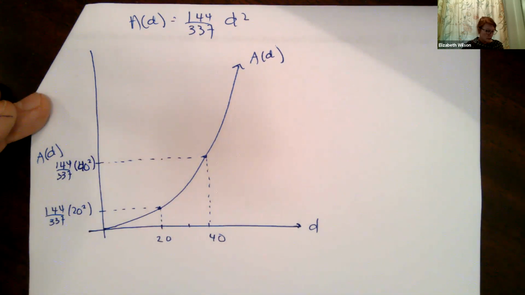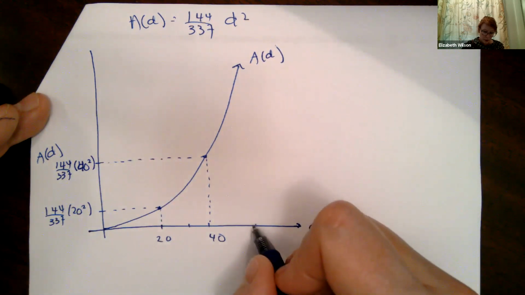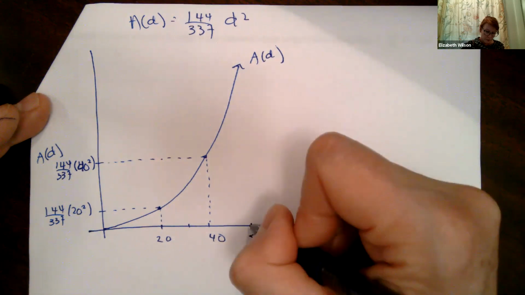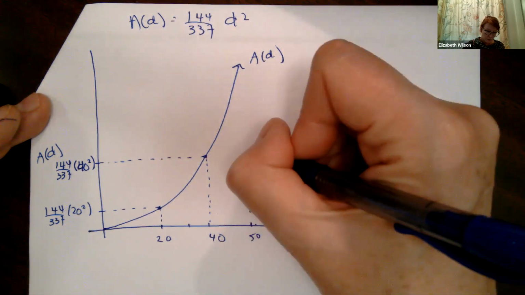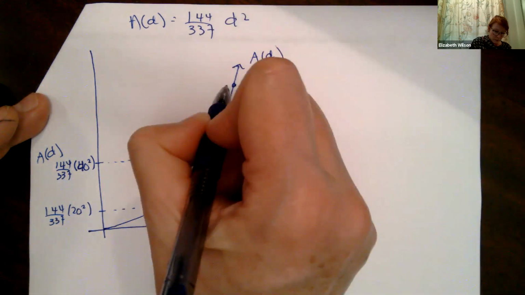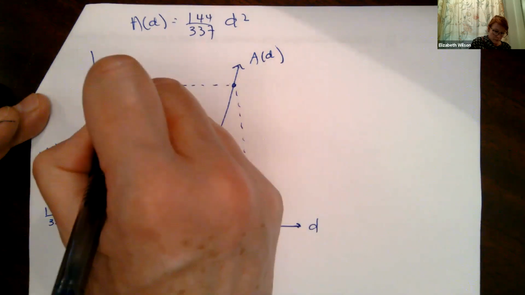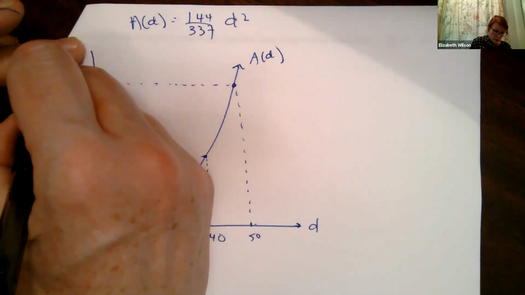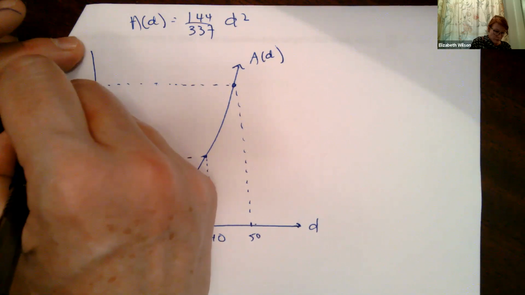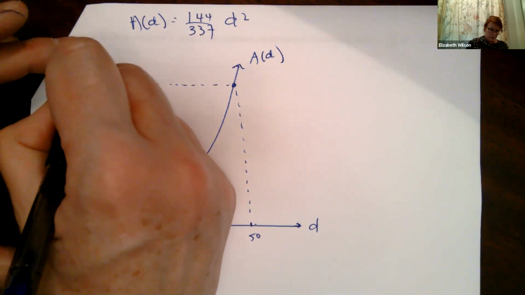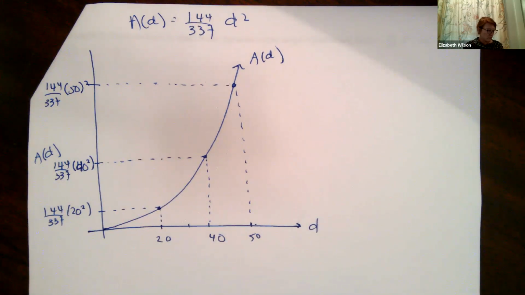It's just to help you conceptualize what we're trying to do here. This is 144 plus 337 times 50 squared, right? So it corresponds to these different values.